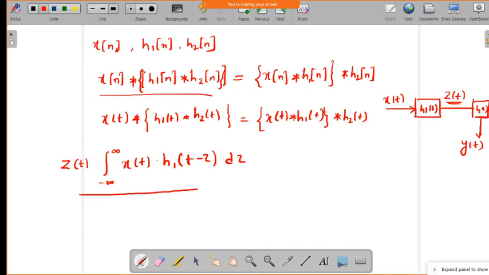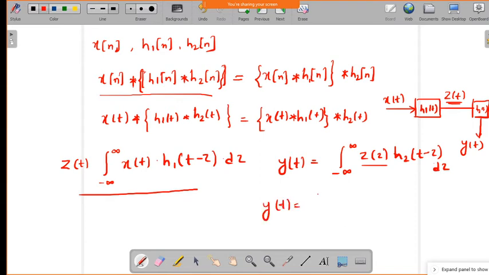Now the output y of t is the convolution of z of t with h2 of t, that is the integral from minus infinity to plus infinity of z of tau h2 of t minus tau d tau. Now input the z of tau which we have already found out here. Replace z of t by z of tau and we will get the output.